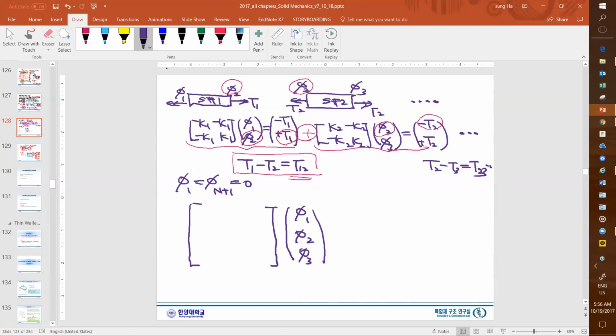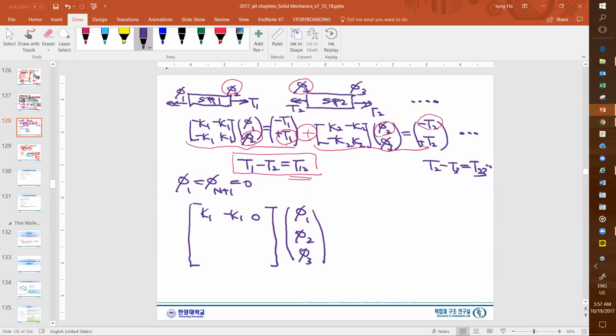As you can see here, the first equation will be K1, minus K1, I'm sorry, plus the first equation, okay? And there will be 0 because there is no Phi3, right?